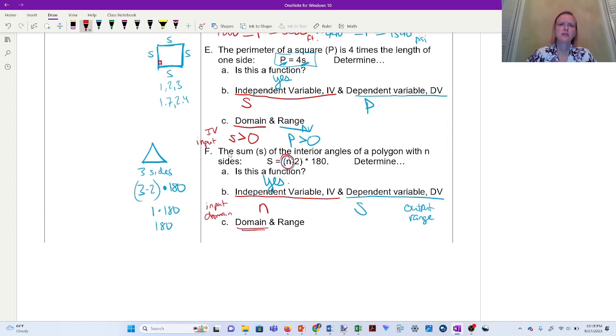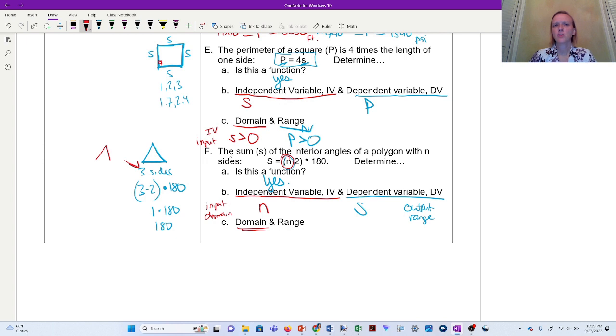Even though this is another geometry example, our situation's a little different than the previous example, because there our domain could be any value, even decimal or fraction values greater than 0. That's not true here. The smallest polygon you can have has 3 sides. I can't draw a polygon with just 2 sides, because I can't connect it back up again.